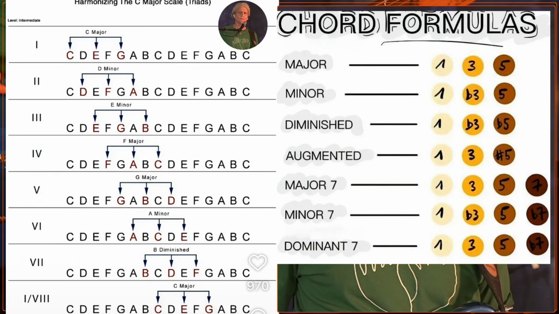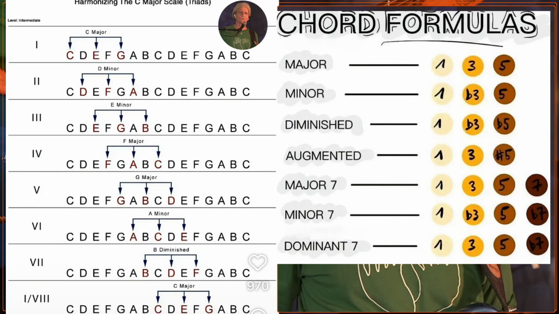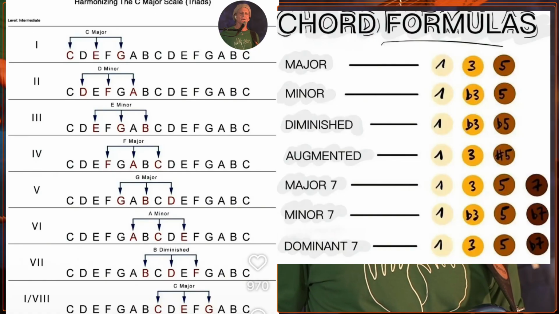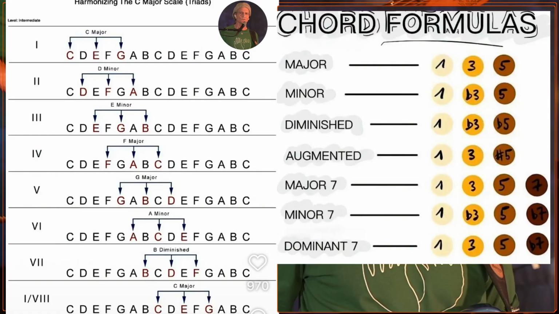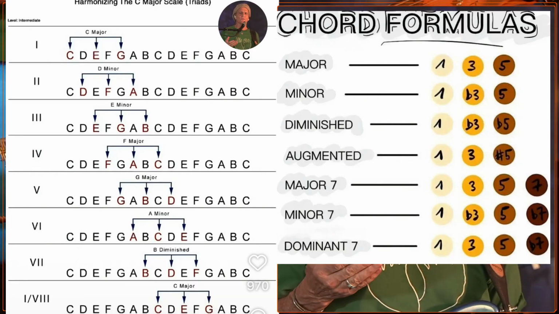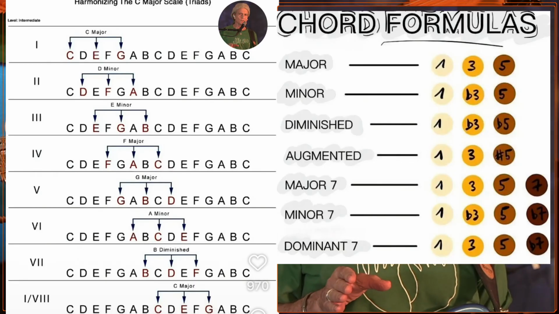Underneath the brackets, there are letters: C, E, and G. And then the next one is D, F, and A. It says 135, 135, right?